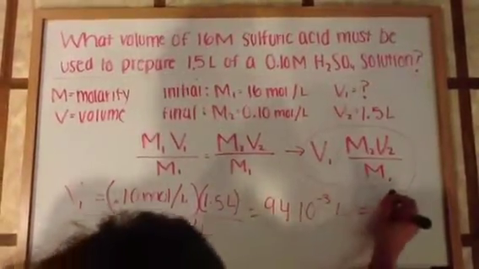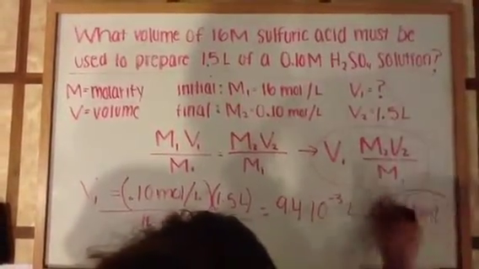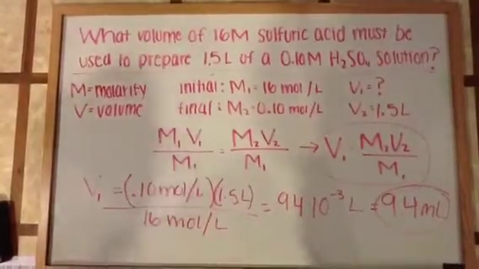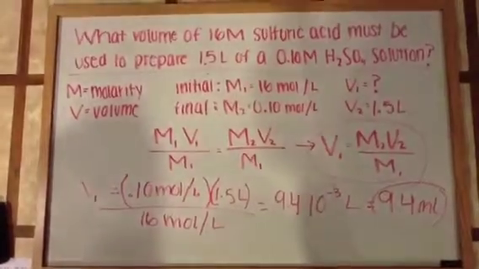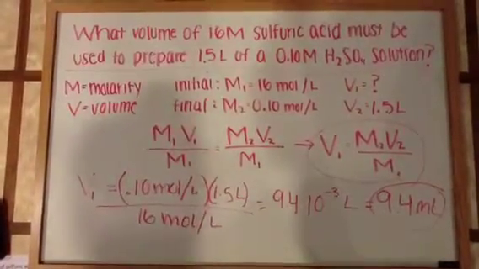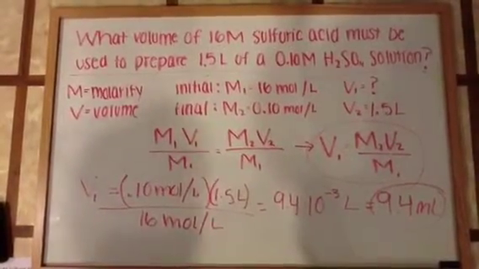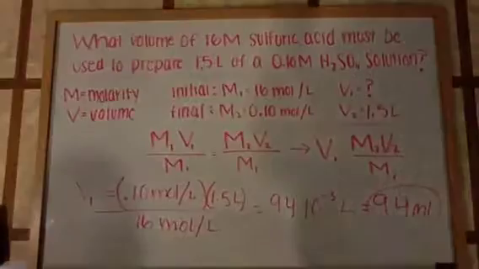This is equal to 9.4 milliliters. So, to make 1.5 liters of 0.10 molar H2SO4 using 16 molar H2SO4, we must take 9.4 milliliters of the concentrated acid and dilute it with water to a final volume of 1.5 liters.